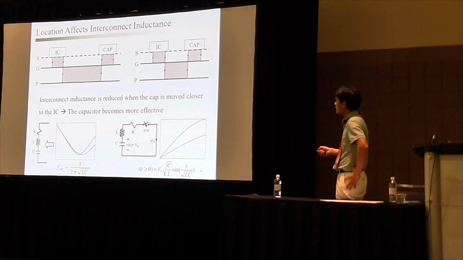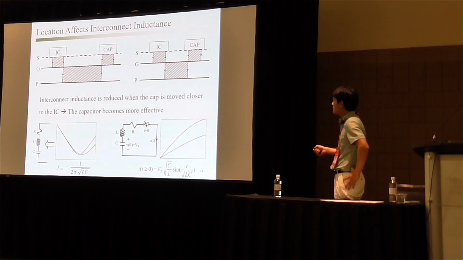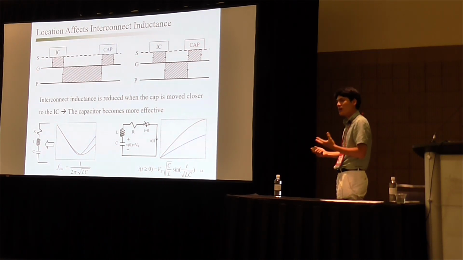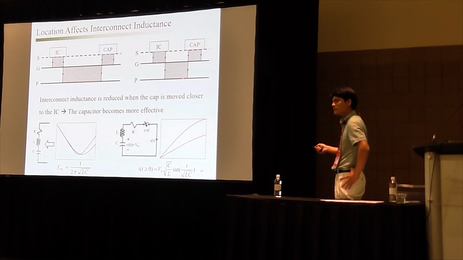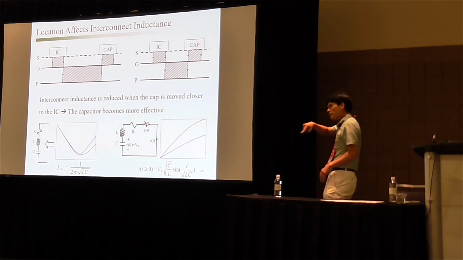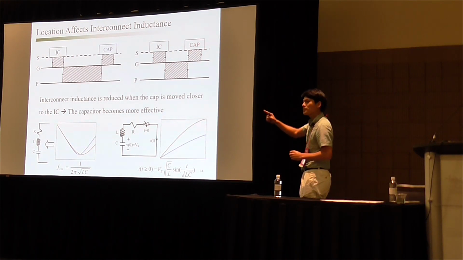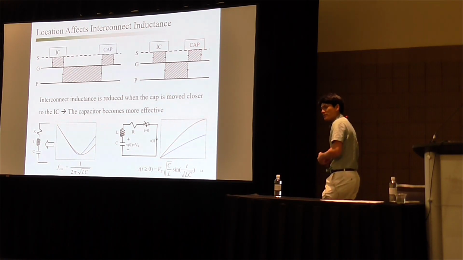In the first case, the decoupling capacitor is a little bit far away from the IC. By tracing the current, the loop formed by this current is larger than this one. In this one, we put the decoupling capacitors right next to the IC. So by having these capacitors next to the IC, we can decrease the area formed by this current loop. Then we can decrease the inductance.